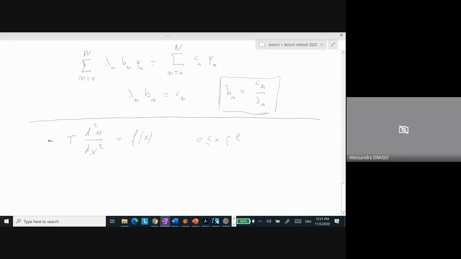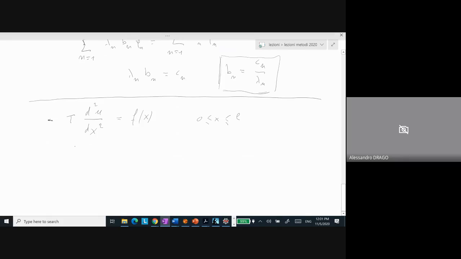But this time, we are saying that u of 0 is not 0, but is equal to a, and u of L is equal to b. Okay. So how do we solve this problem?